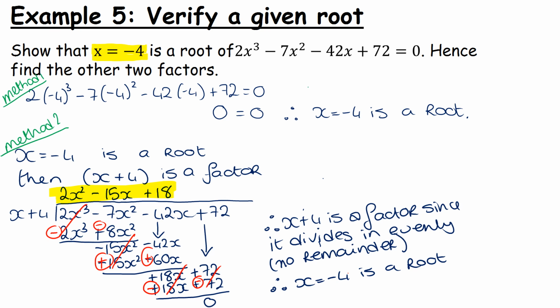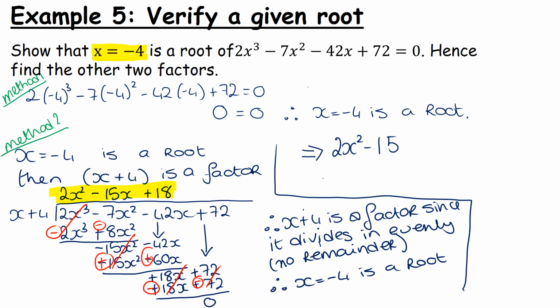So then the hence part here, I know it's getting a bit messy. So we have 2x squared minus 15x plus 18. So we need to do our factorization. You could use guide number and that's absolutely fine. If you use your guide number, you should end up with 2x minus 3 and x minus 6.